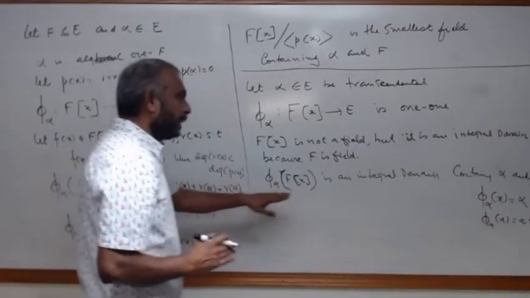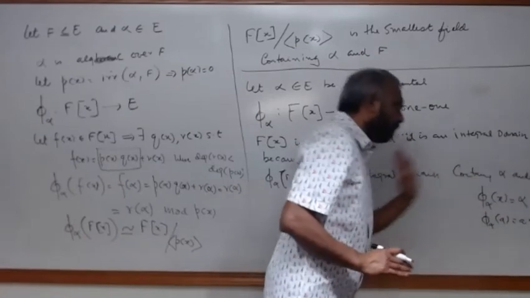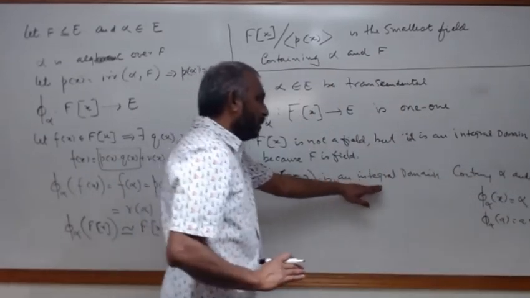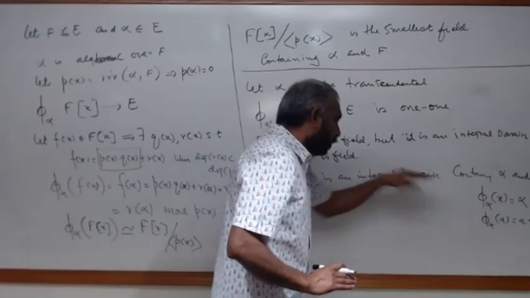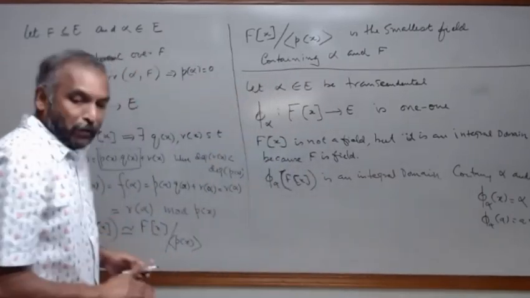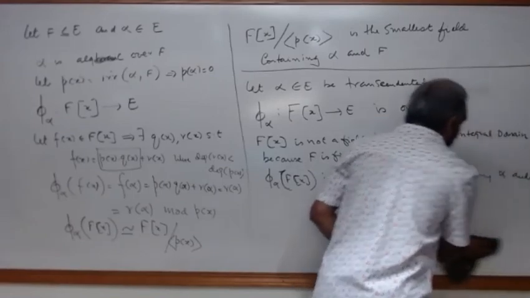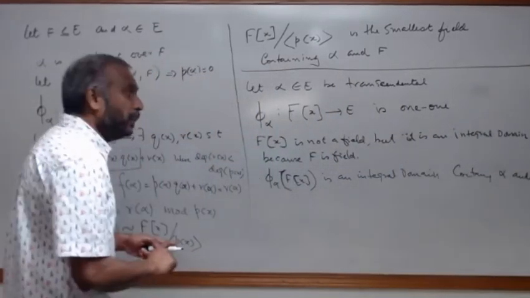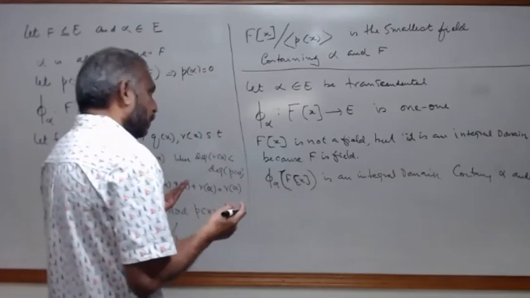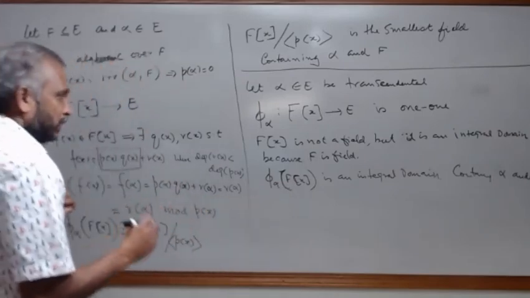So this actually contains alpha and f, but still we are not there because this is only an integral domain. But we already know that if you have an integral domain, we can construct an extension field. It's called a field of quotients.